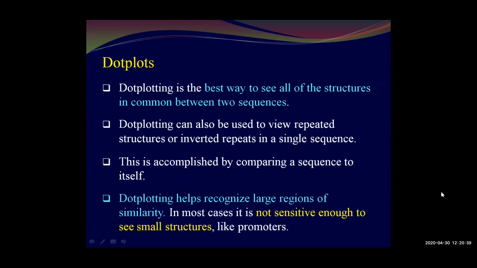Okay. So dot plotting is the best way to see all the structures in common between two sequences. That means, as I showed you in the previous slide, in addition to the overall similarity, segmental similarity can also be shown by the same picture. That is good. But the most important disadvantage is that in most cases it is not sensitive enough to see small structures.